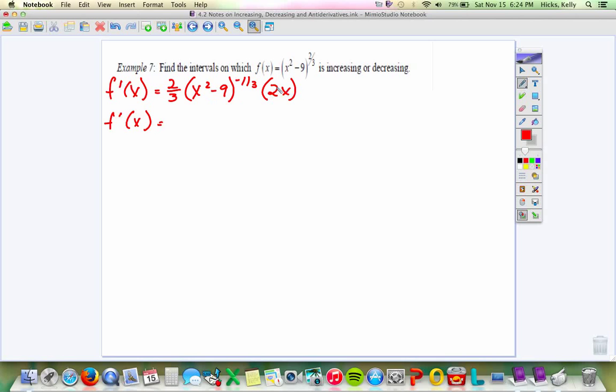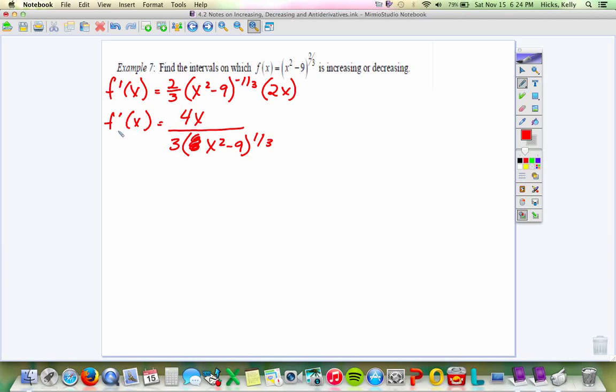I'm going to rewrite that just a little bit. I get the 2x times 2, so my numerator is 4x over 3 times x squared minus 9 to the 1/3 power.